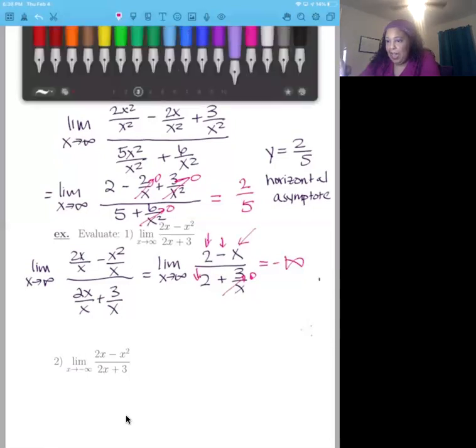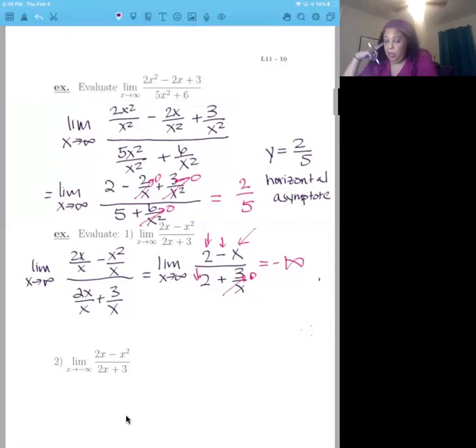Now, what if I had the same problem, but I was going to negative infinity? All right, so if I reduce that, I'm not going to go through all the steps because it's the exact same thing as the last one. I have a 2 minus x over 2 plus 3 over x.